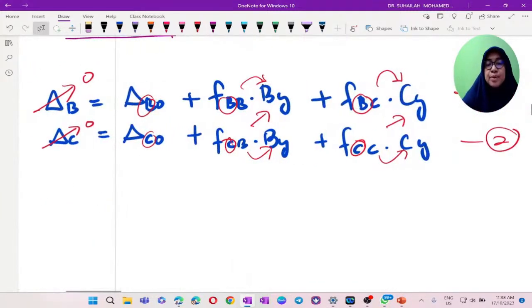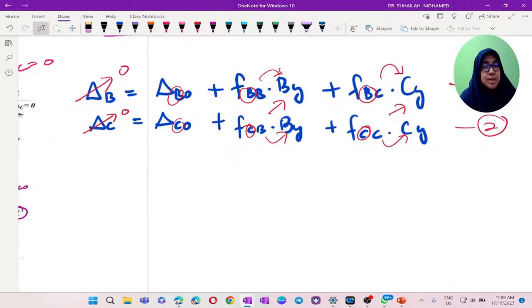So we will rewrite this equation in matrix form. Start from the primary system, and this is equivalent to 0. Equation equal to 0, not 0 equal to equation. We will write the compatibility equation in matrix form.